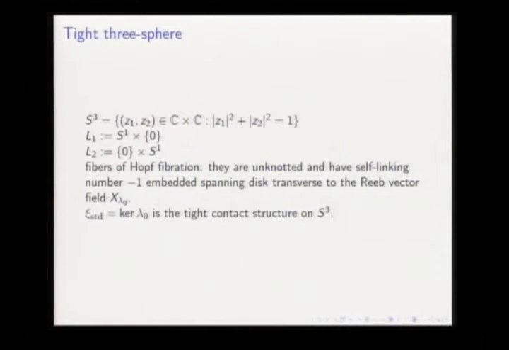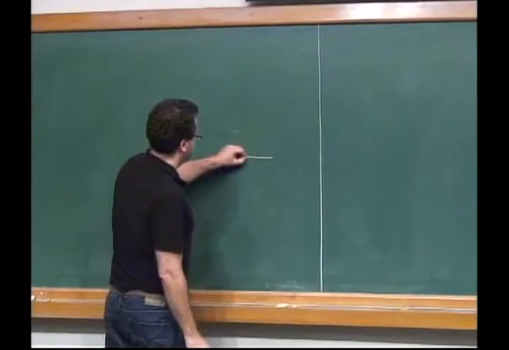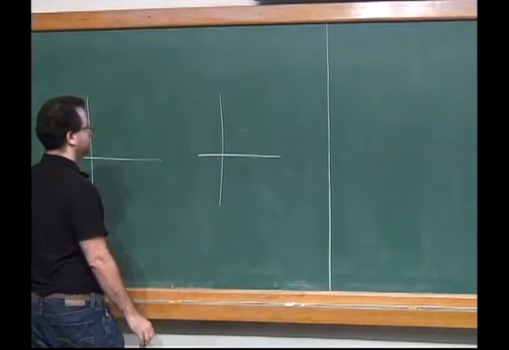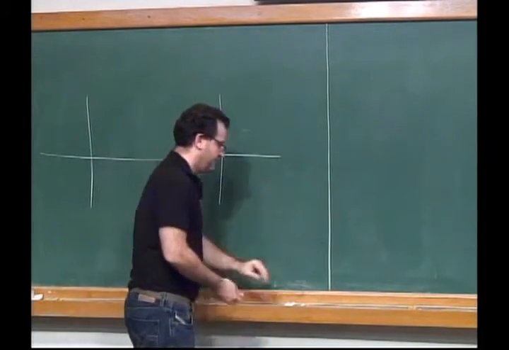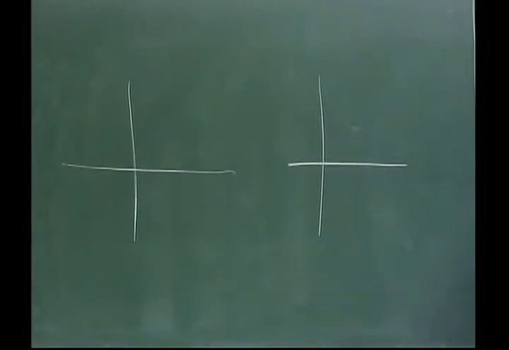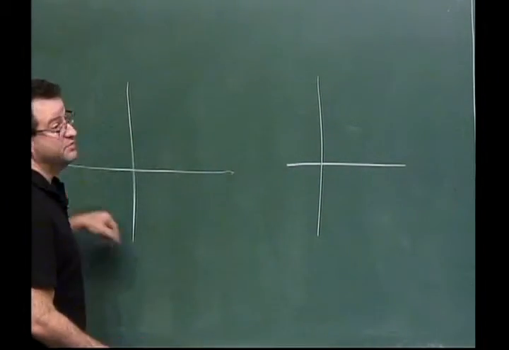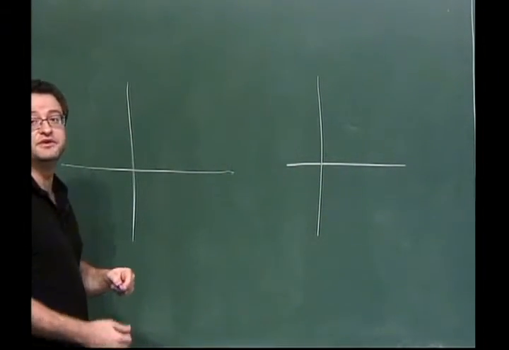So the tight 3-sphere is a very good example to talk a little bit about. When we restrict, we can see S3 inside C2, and all the orbits are periodic, with the same period.